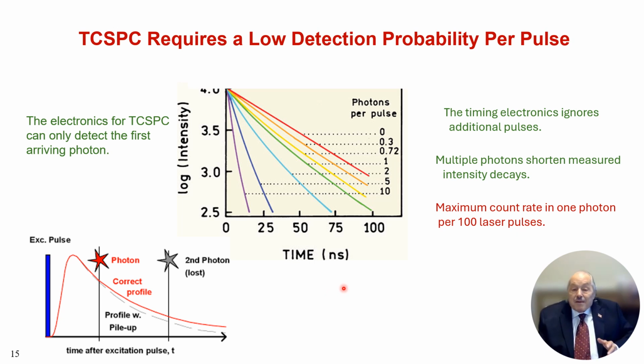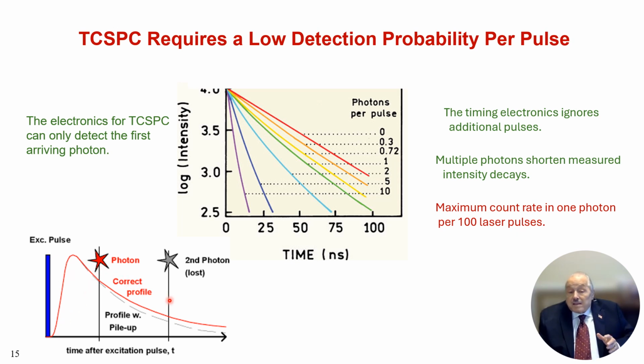But there is an expense you have to pay for doing single photon counting, and that is it requires a very low probability of detecting a photon per each pulse. Think about it. You have an excitation pulse here, and then you detect the first photon.